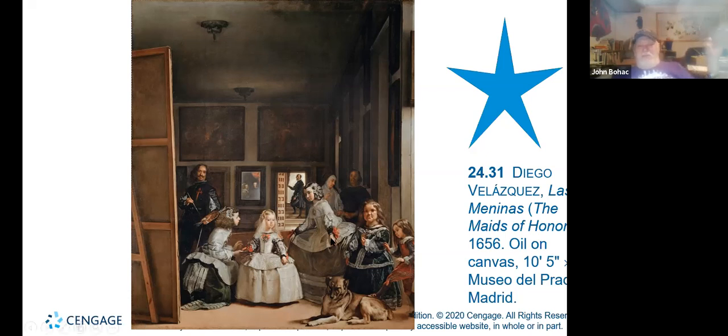Scholars have really tried to figure this out. But the idea that Velázquez very cleverly, very adeptly, was able to create this kind of three-dimensional jigsaw puzzle. And so anyway, it's very playful, it's very naturalistic.